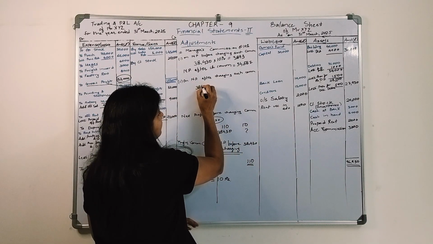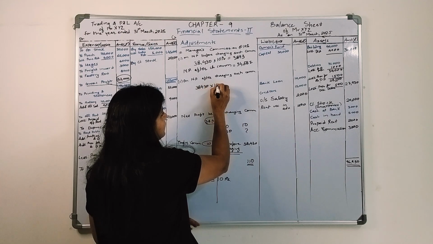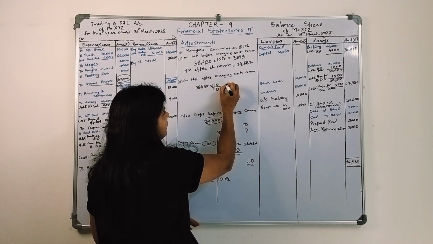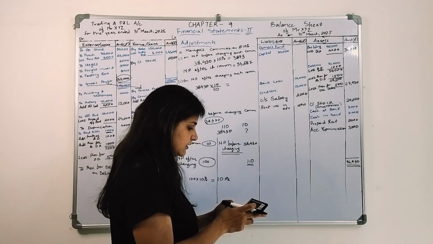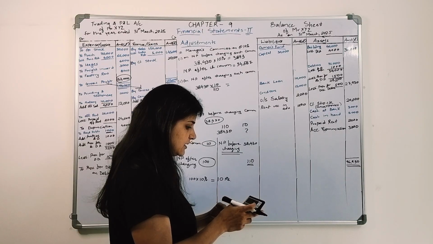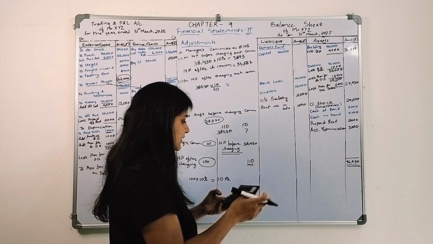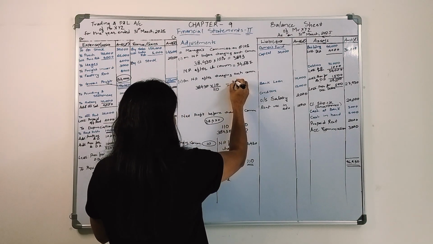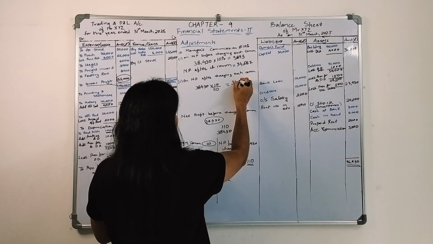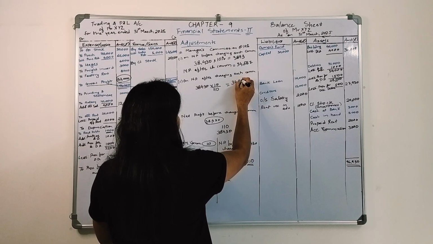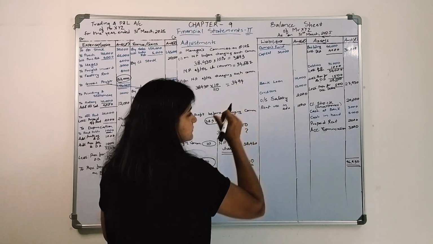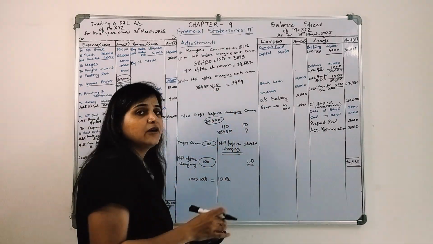So 38,430 into 10 divided by 110, how much do we get? We get 3493.6. Let's consider it as 3494.